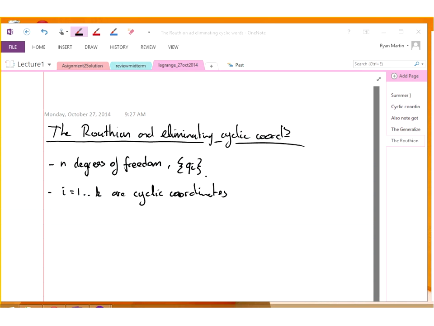So if that's the case, then ∂L/∂q_i dot, we're going to set this equal to a constant, which we'll label beta. And that's true for i equals 1 to k. So these betas are constants.